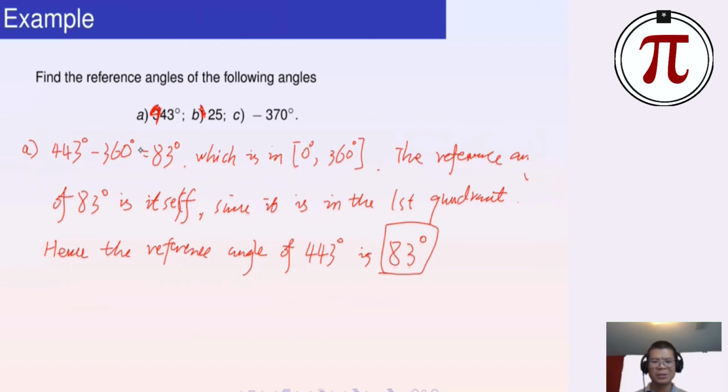Okay, so how about B? B has no unit, so B is in radians. Can you find this one? Is 25 greater than 2 pi or less than 2 pi?